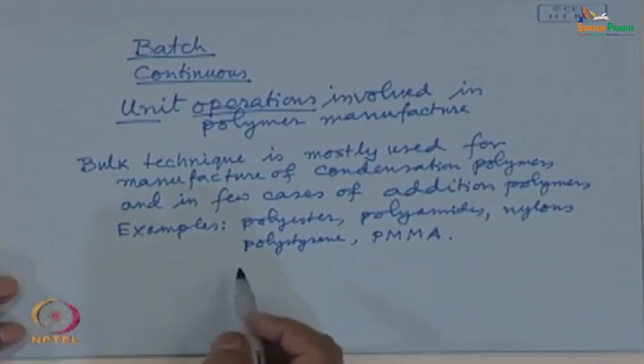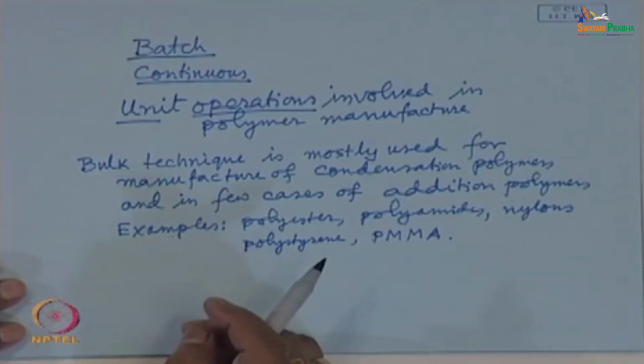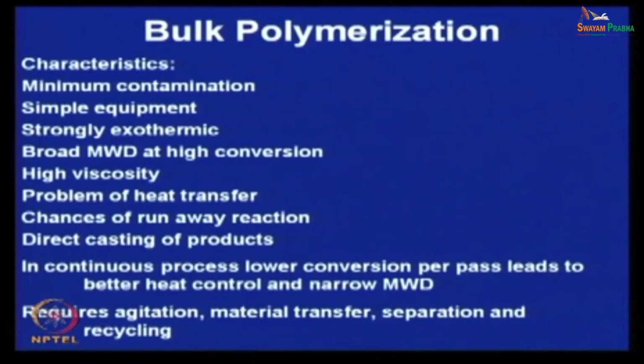What is bulk polymerization? Bulk polymerization falls under the category of homogeneous polymerization system.